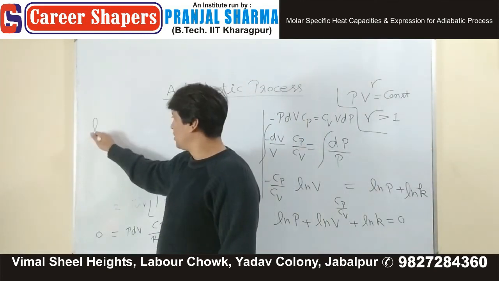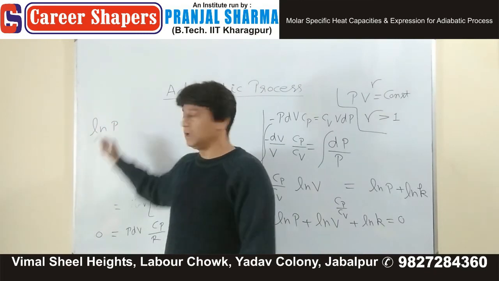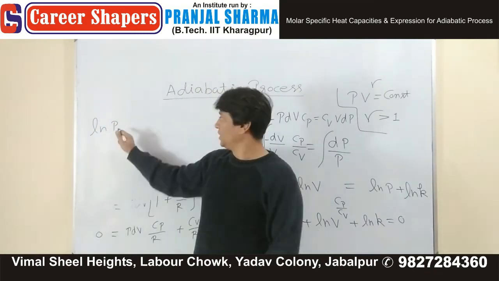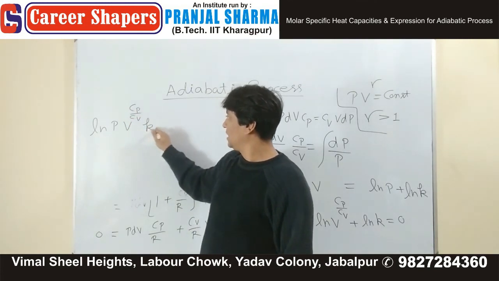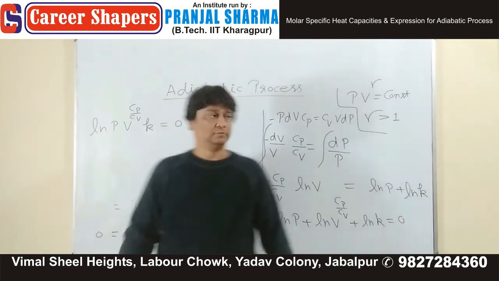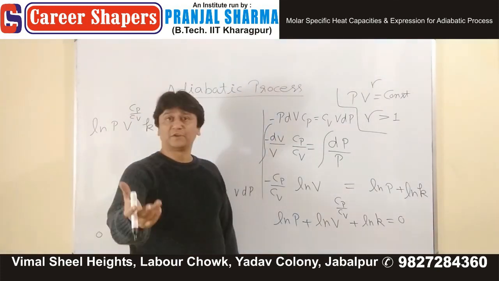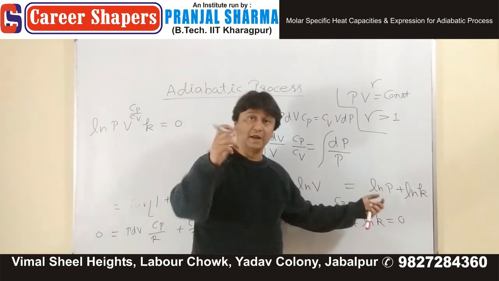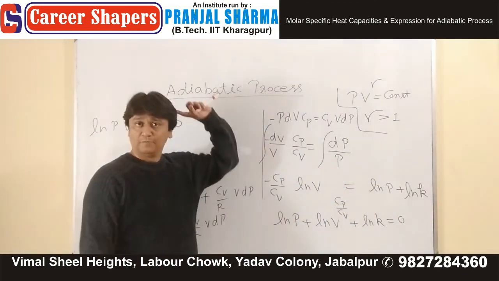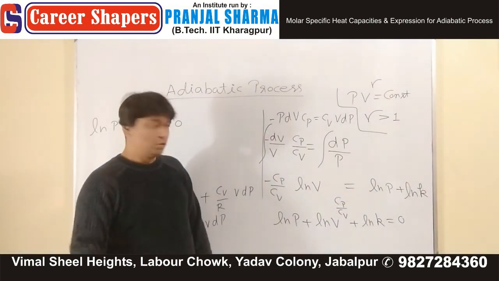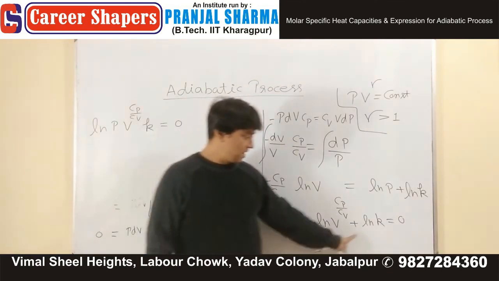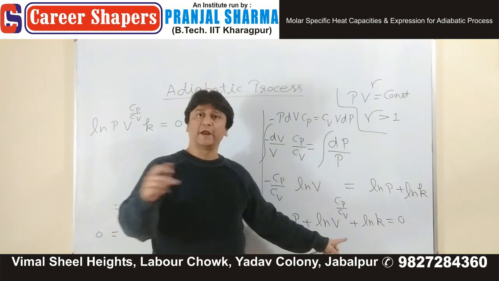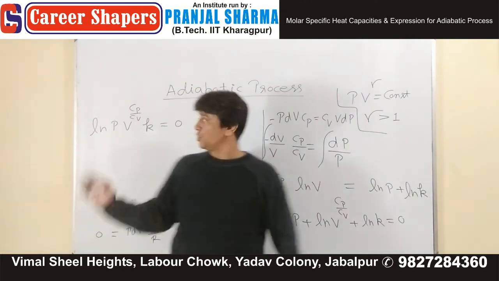So what you have in front of you is log of P into V to the power Cp upon Cv multiplied by k is 0. If you don't know maths, then the derivation is of no use. In a way it is a revision of maths that we did right at the start of the lectures, before kinematics. Log a plus log b plus log c is what? Log a into b into c. So that's what you got.